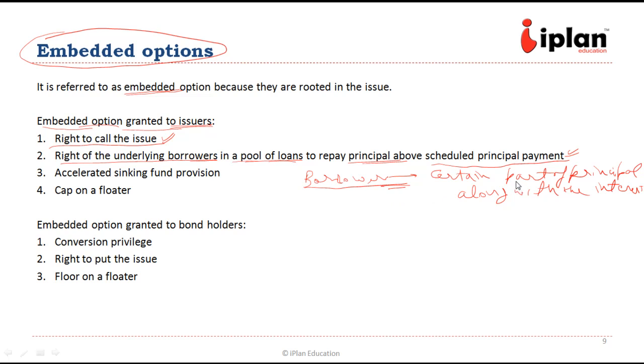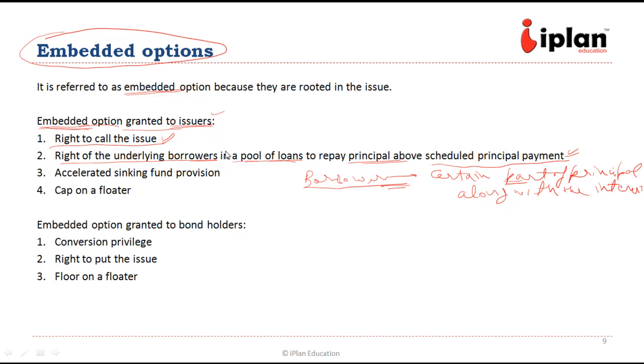If the borrower is paying principal more than this scheduled part, then this right has to be mentioned in the bond document. So this option is also embedded and it is granted to the issuer.